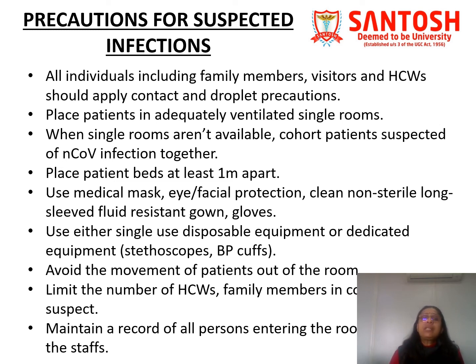Place the patients in adequately ventilated single rooms, ideally. When single rooms aren't available, cohort patients suspected of novel coronavirus infection together in the same area. Place the patient beds at least 1 meter apart to minimize their exposure to droplet infection.